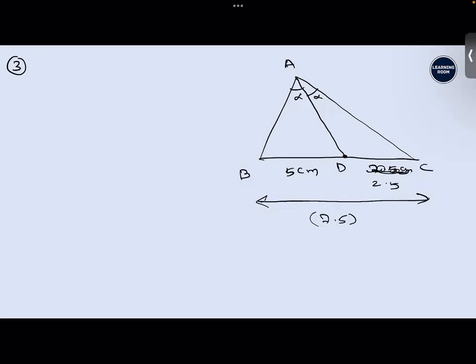See, there is a property called internal bisector property. So that's 2:1.